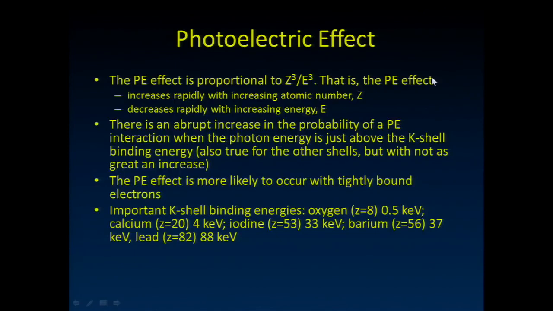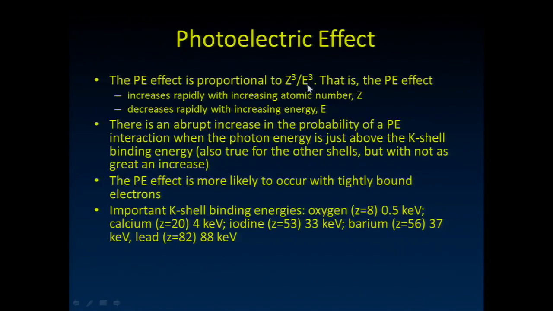The probability that the photoelectric effect is going to occur is roughly proportional to the Z cubed of the material divided by the energy of the X-ray cubed. So as the energy of the X-ray goes up, this drops off very quickly, right?